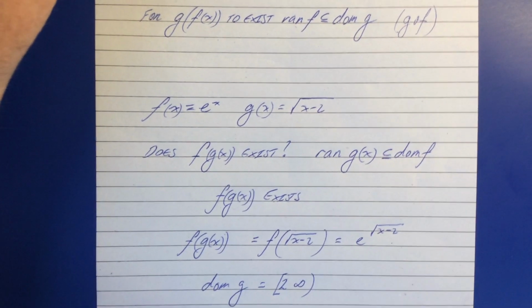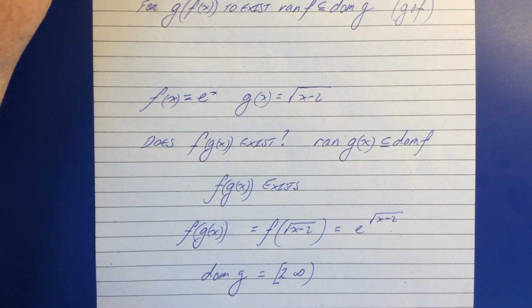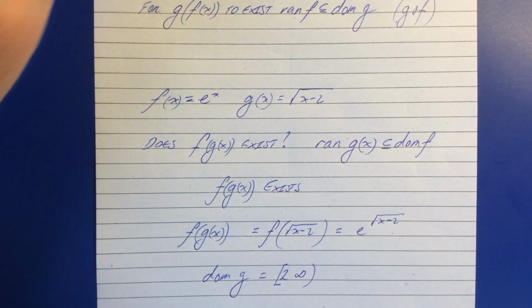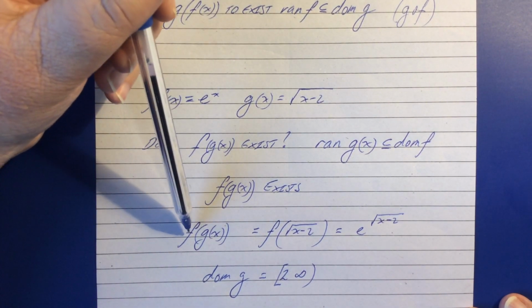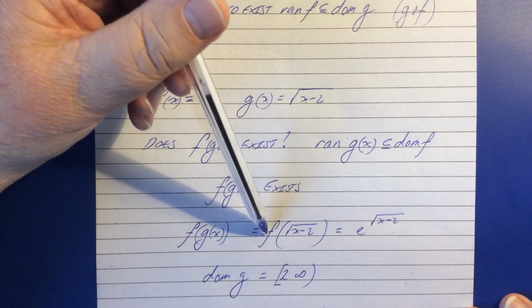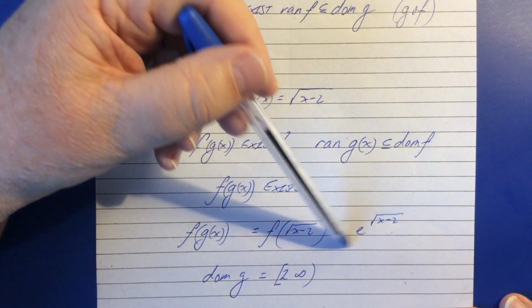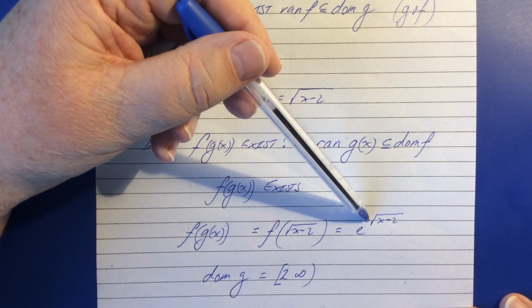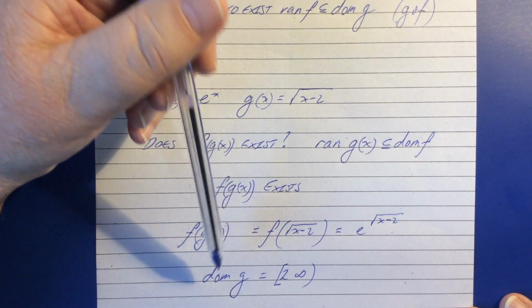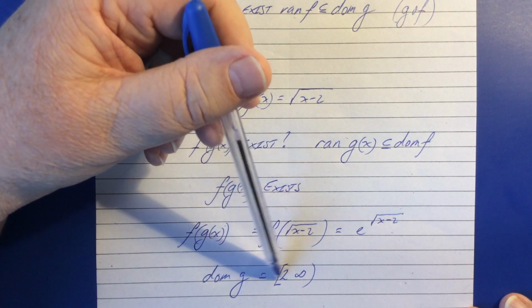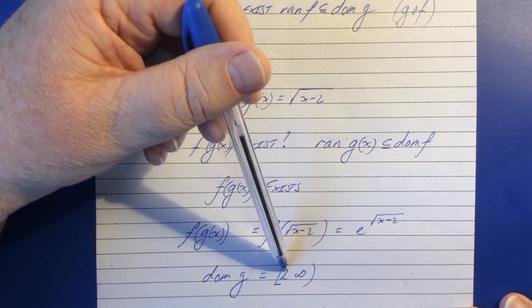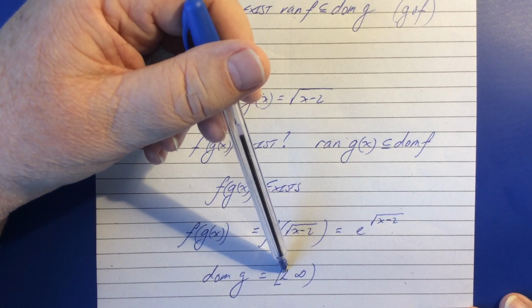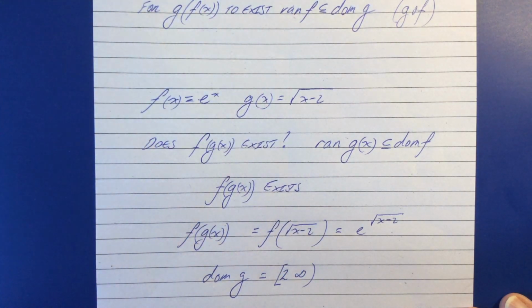Have a look at what it looks like. So f of g looks like this. When fully written out, it looks like this. The domain of g happens to be all positive numbers from 2 to infinity.